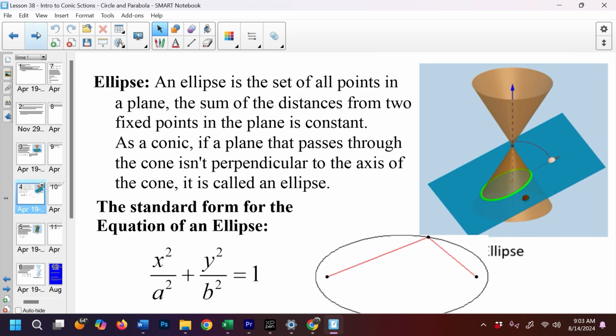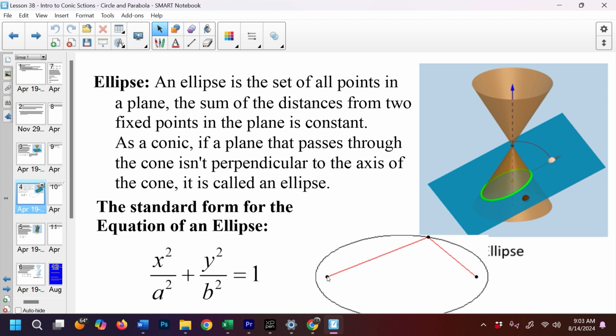Going through a few more of these basic conic sections, just to introduce the remaining conic sections, although we're only going to focus on the circle and the parabola. An ellipse is a set of all points in a plane, the sum of whose distances from two fixed points is constant, and I will show you an example of this in class when we get to the next lesson.